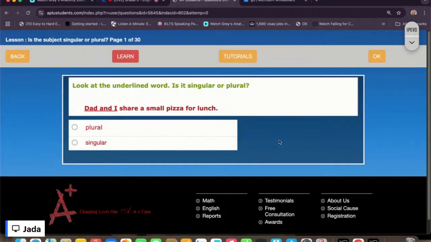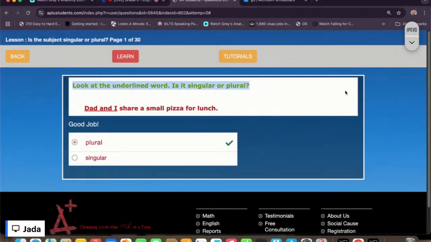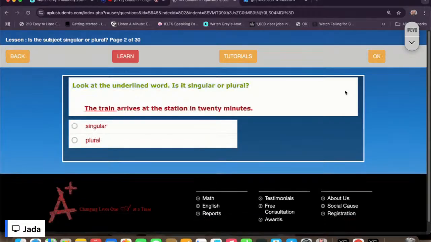Okay, so dad and I is what? Plural. Okay. "The train arrives at the station in 20 minutes."